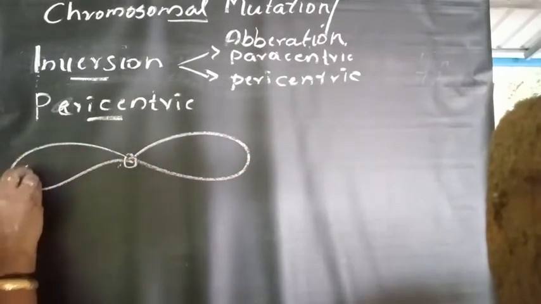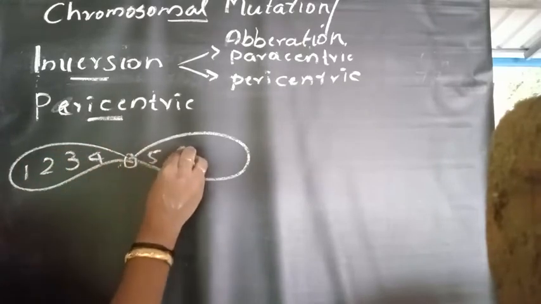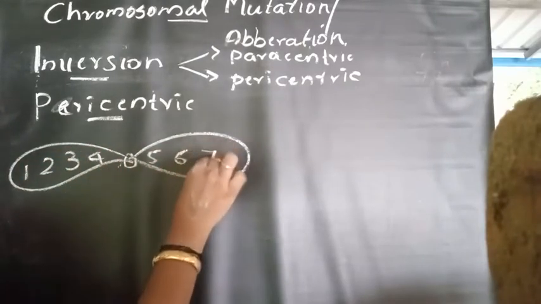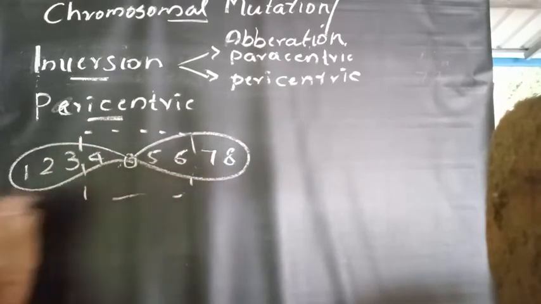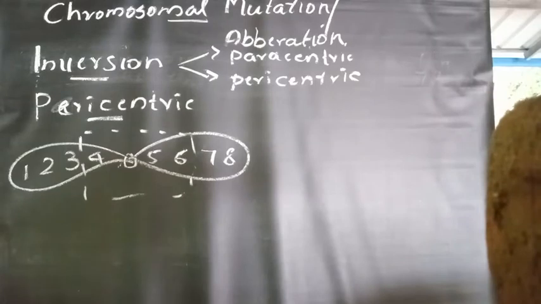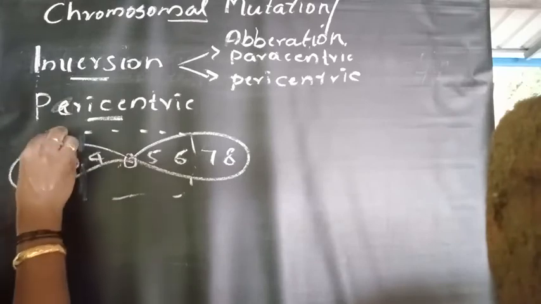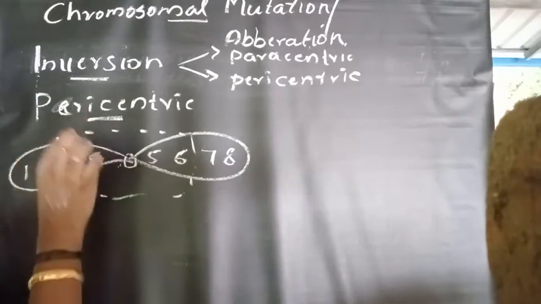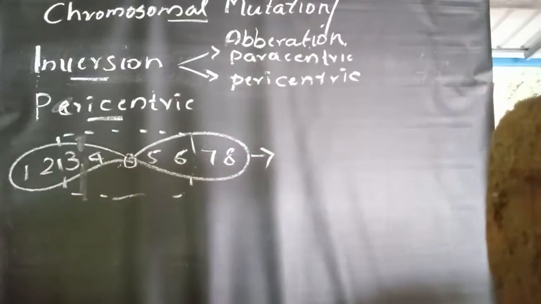So 1, 2, 3, 4, 5, 6, 7, 8. These are going to invert.